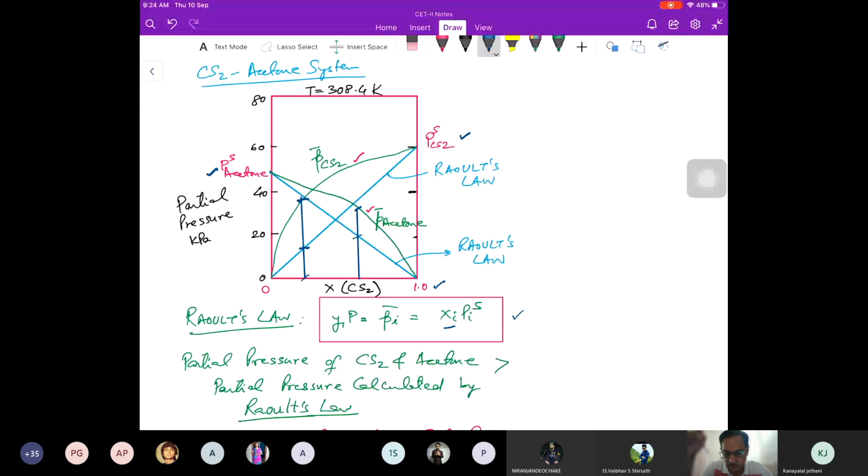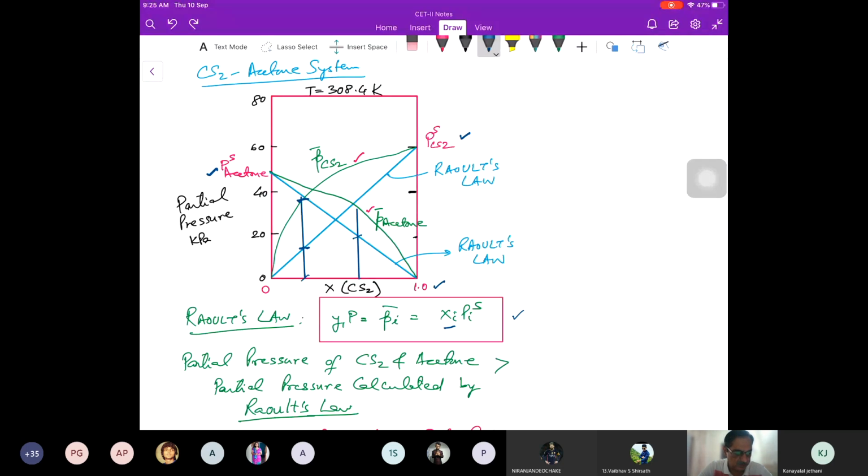Experimental observation. If you actually measure the partial pressure in a solution of CS2 and acetone, we'll find that actual partial pressure measured is greater than what is calculated by Raoult's law.